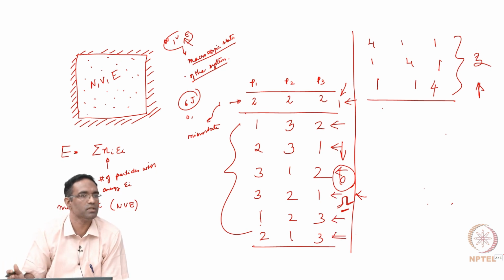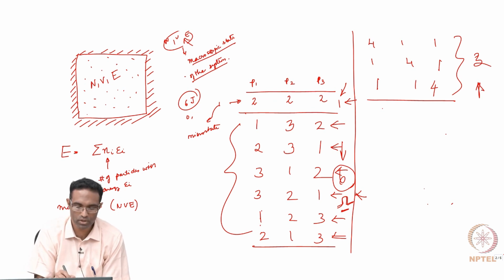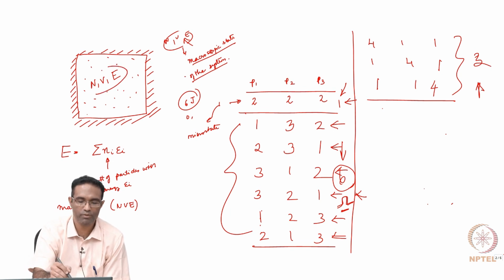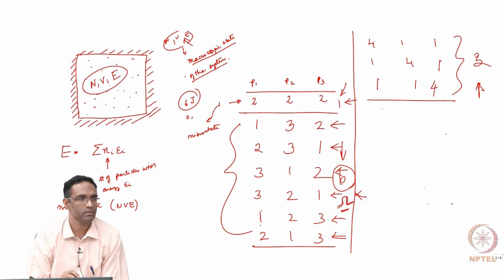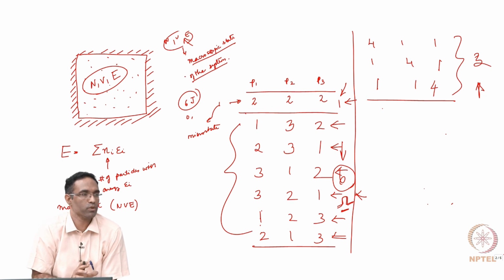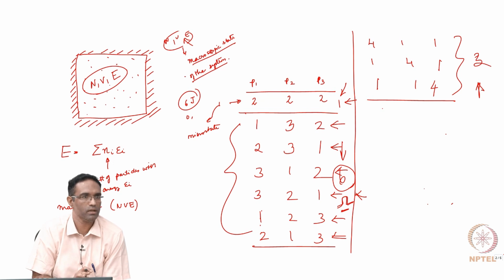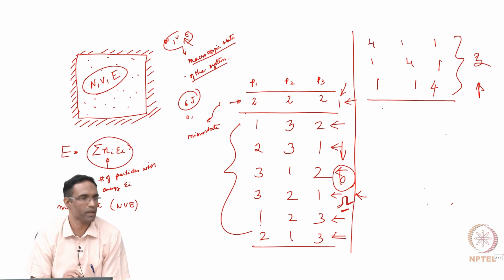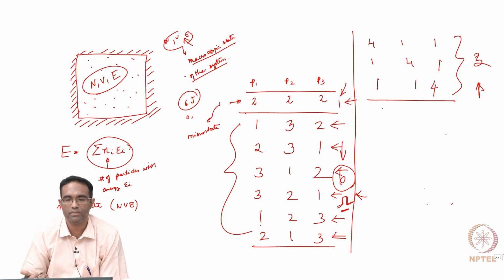N, V, E, the energy is 6 joules. It's not different. So each of these is a microstate, and what you specify macroscopically using thermodynamic variables is a macrostate. What you specify microscopically, by looking at the number of ways you can achieve this macrostate, is called a microstate, or the number of complexions.